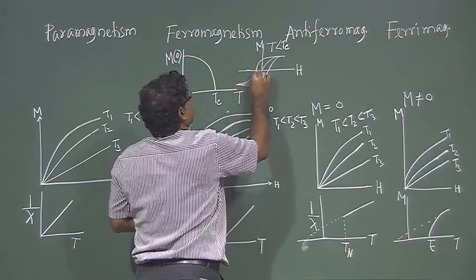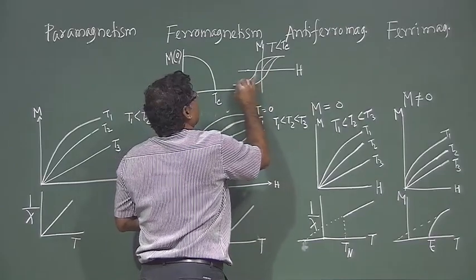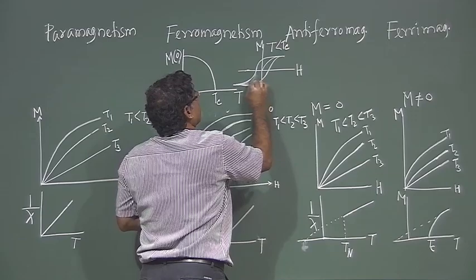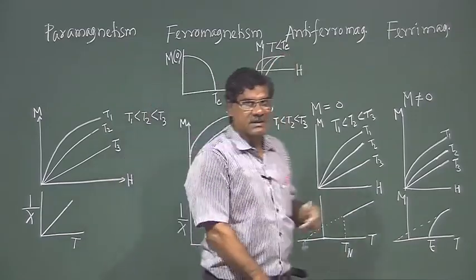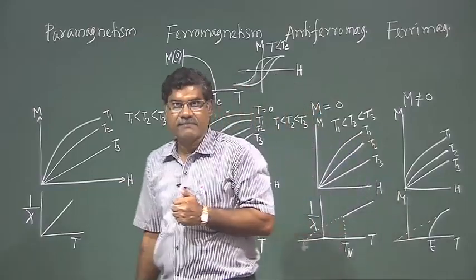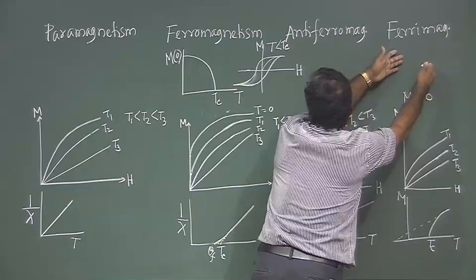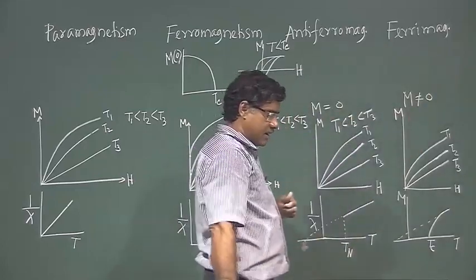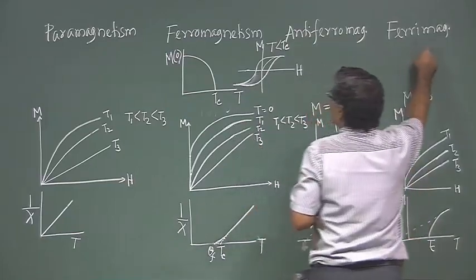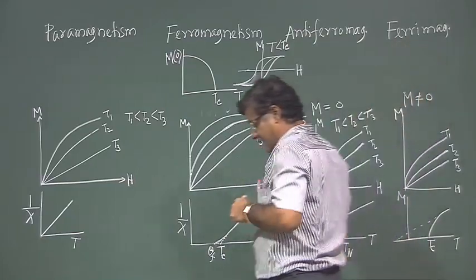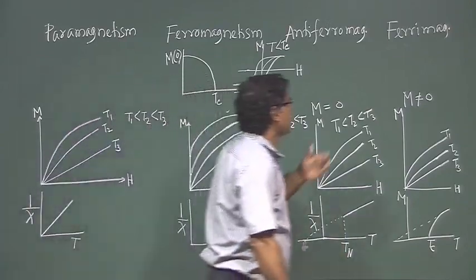So, this type of hysteresis loop we see, and in this case also the same behavior we see, okay, because it basically has two components, ferromagnetic and antiferromagnetic.